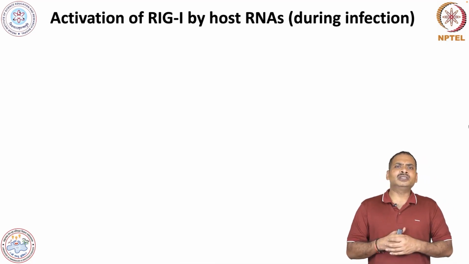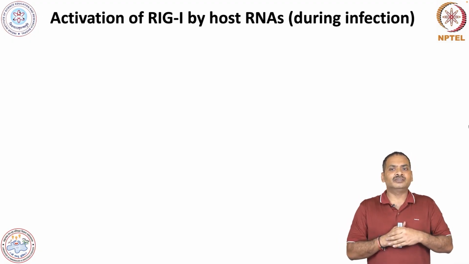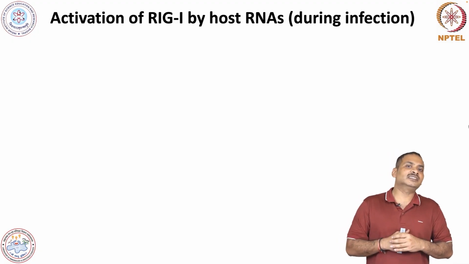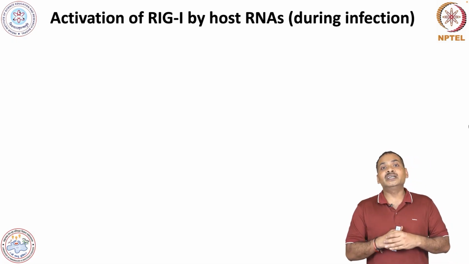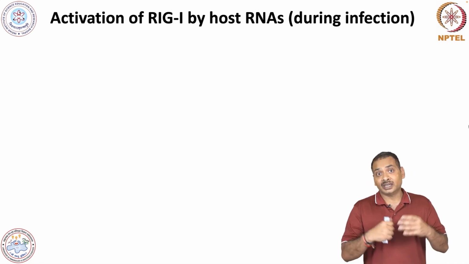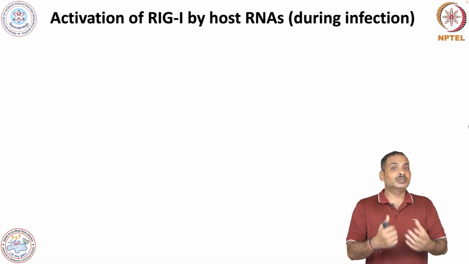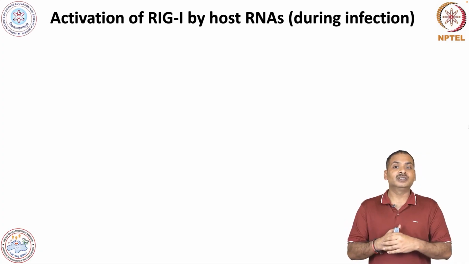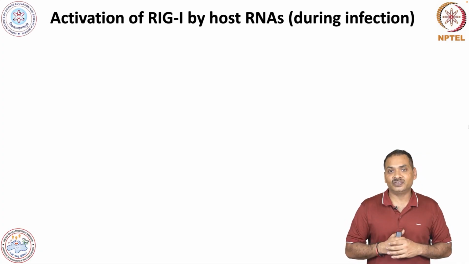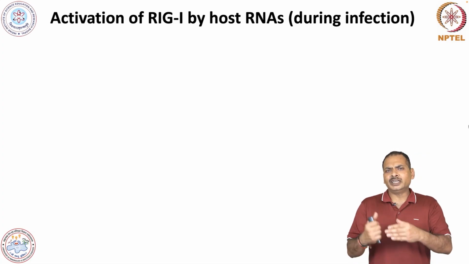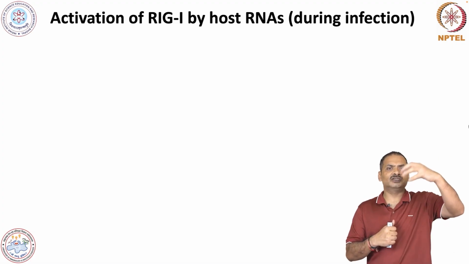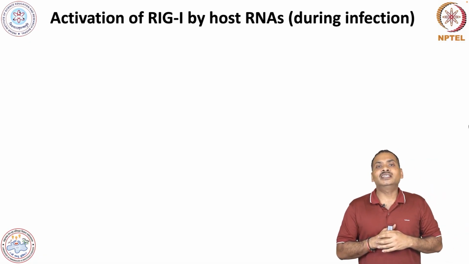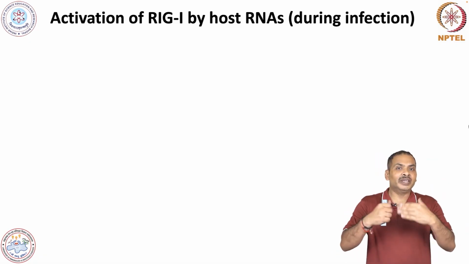Now I will discuss that RIG-I and MDA5 are not only sensing viral origin nucleic acid; they can be activated by host RNA, which is activated during the infection. Again, I will draw your attention to the fact that when the virus infects the cells, at that time they make their own copy.